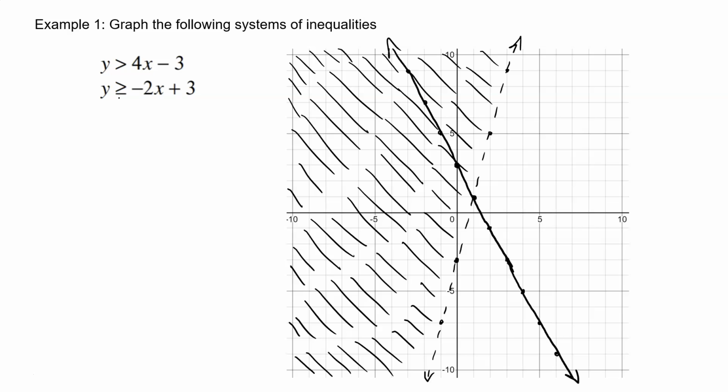And then for the other line, we also want to shade above because it's greater than or equal to. So for this y is greater than or equal to -2x plus 3, we're going to shade above, which would be this section here. Now I want to do hatch marks in a different direction.